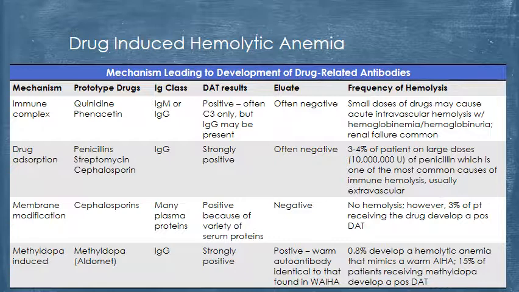Membrane modification is where the drug interacts with the plasma membrane and alters its appearance to the immune system. This is most commonly associated with cephalosporins, and it can cause several plasma proteins to bind to the red cell, including IgM, IgG, IgA, and complement. They can all bind. Now, this is technically not immunogenic, right?